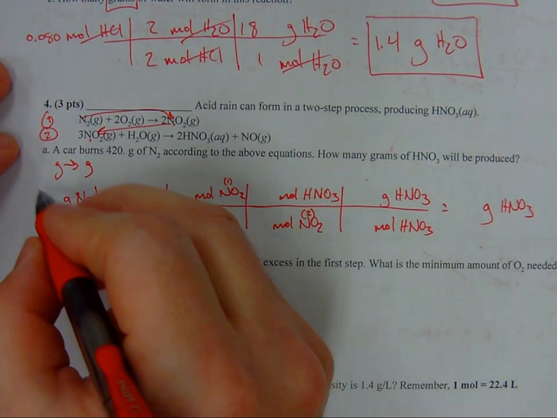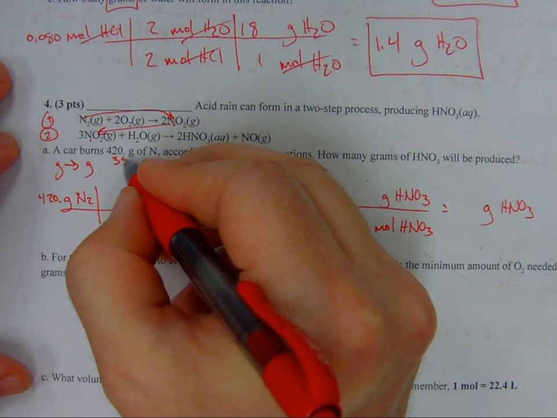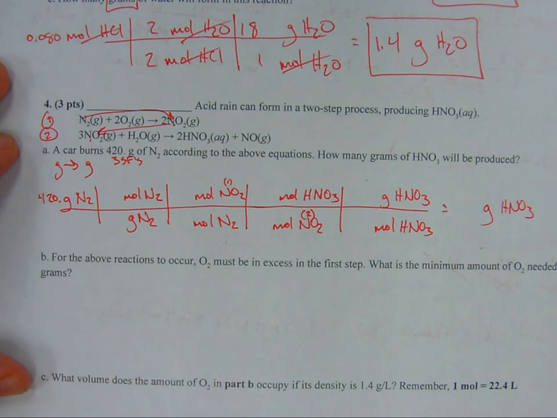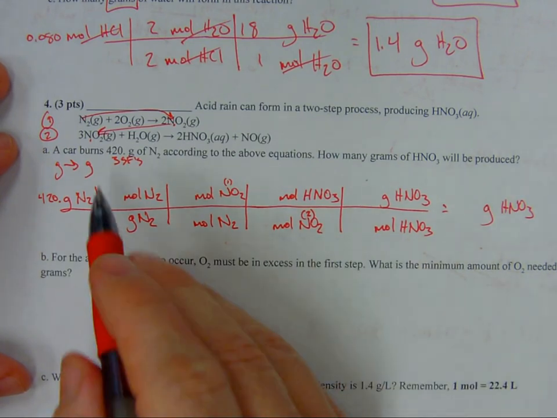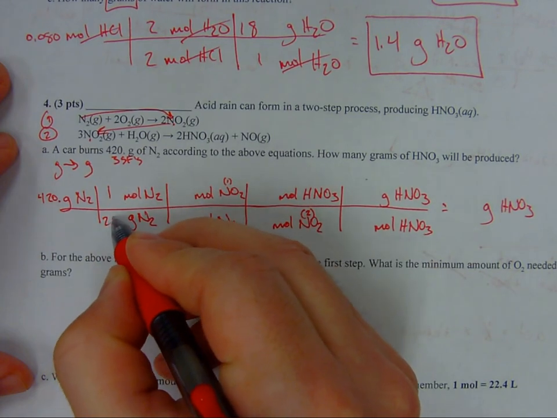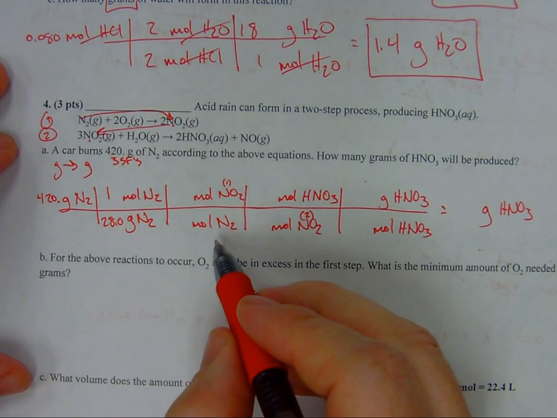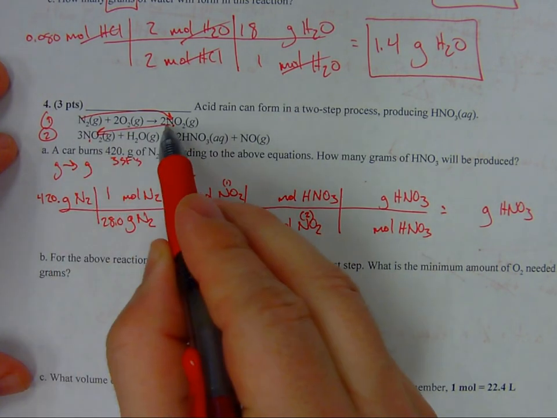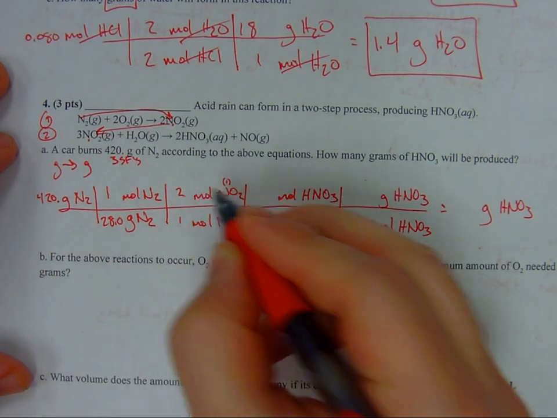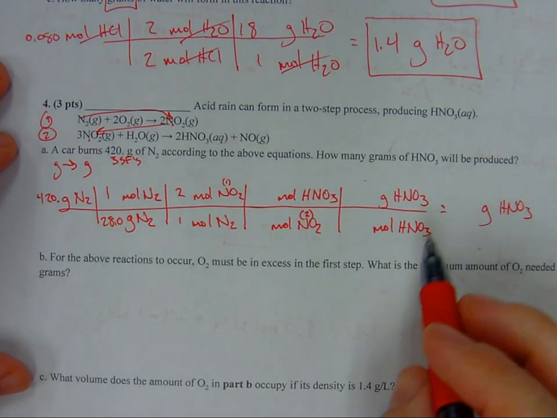So let's plug in the numbers that we have. Now this is 3 significant figures, so I'm just going to plug in molar masses to 3 significant figures, right? Because I know my answer is going to be in 3 significant figures. So 1 mole of N2 has a mass of 28.0 grams. Now we'll start with some mole ratios. That's a 1 to 2. Again, that's NO2 in the first equation, so that's a 2.